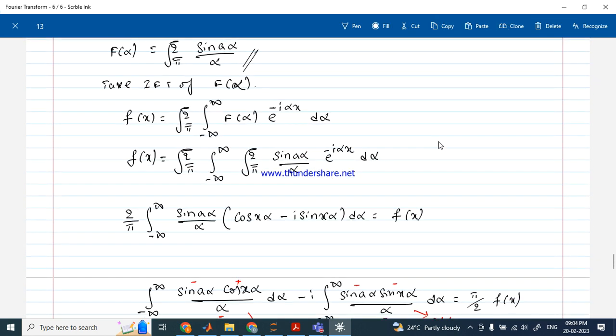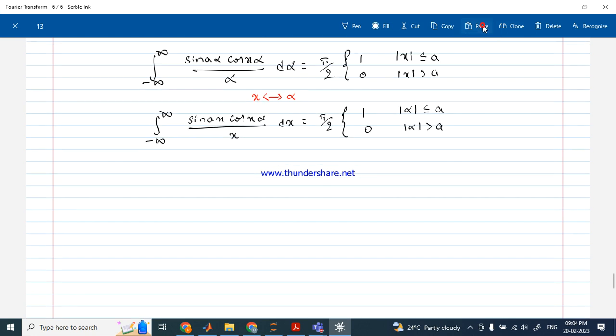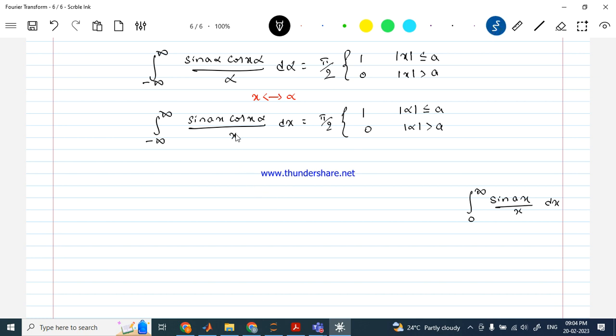This is the most common and very important question, so please be with me and see what happens here. Let's compare these two integrals. This is what my requirement is, and this is the integral I have. Here it is minus infinity to plus infinity, and here I have 0 to infinity. So what should be done? We just need to note that this is an even function, and we already checked that.